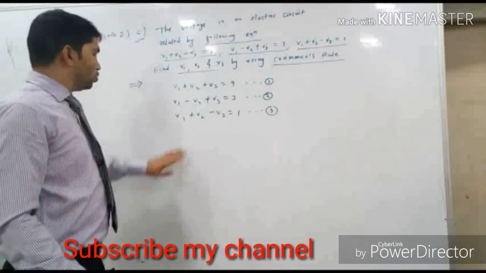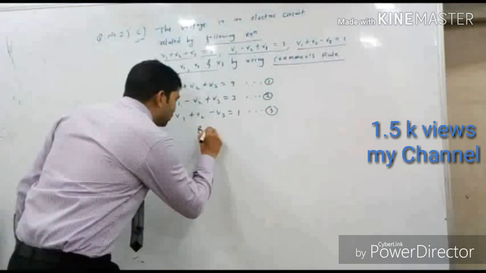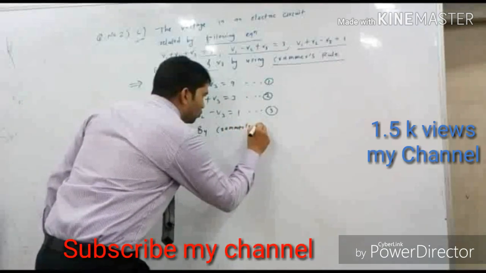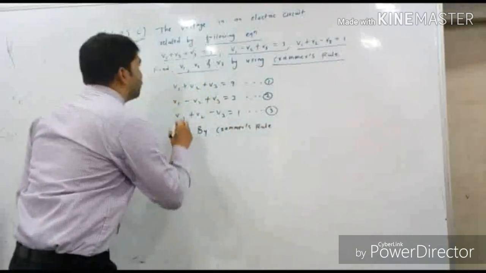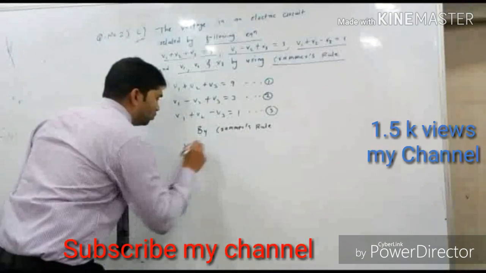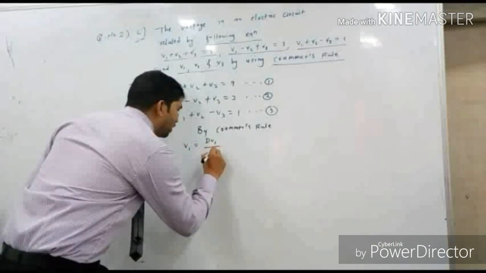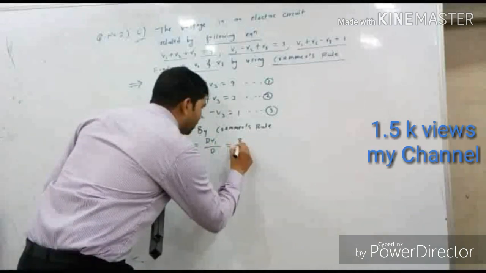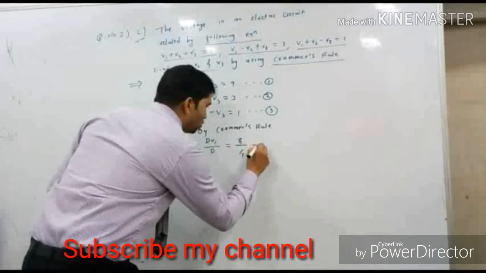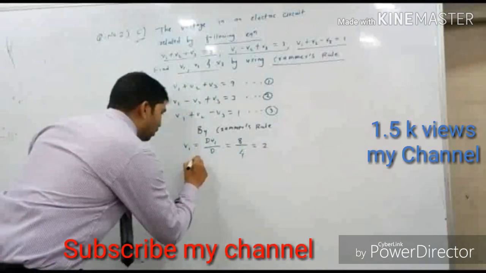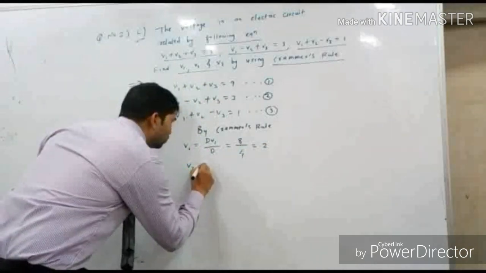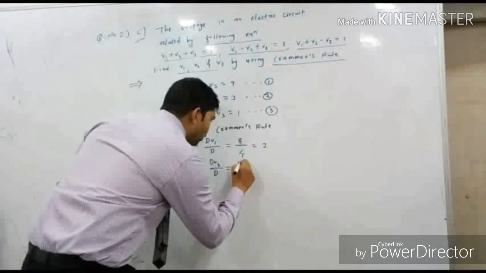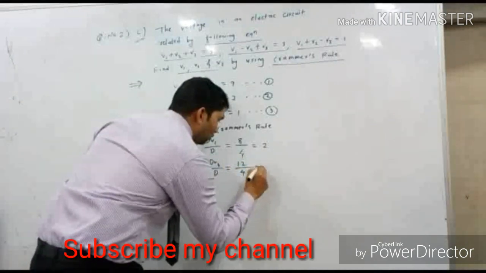By using Cramer's rule, we have to find V1. So V1 is equal to dV1 upon D. That is, dV1's value is 8 and D is our 4. So we get 2 here. V1 is 2. Now V2, dV2 upon D. So dV2's value is 12 and D is 4.